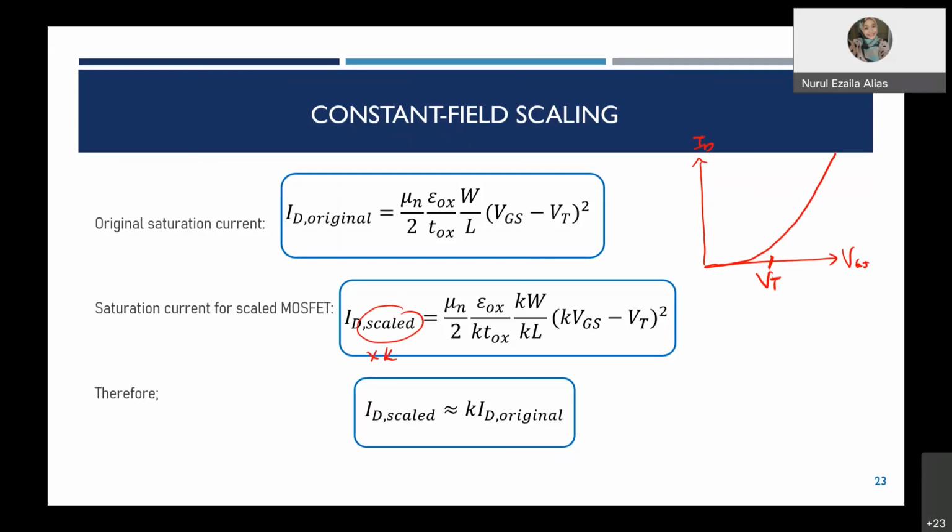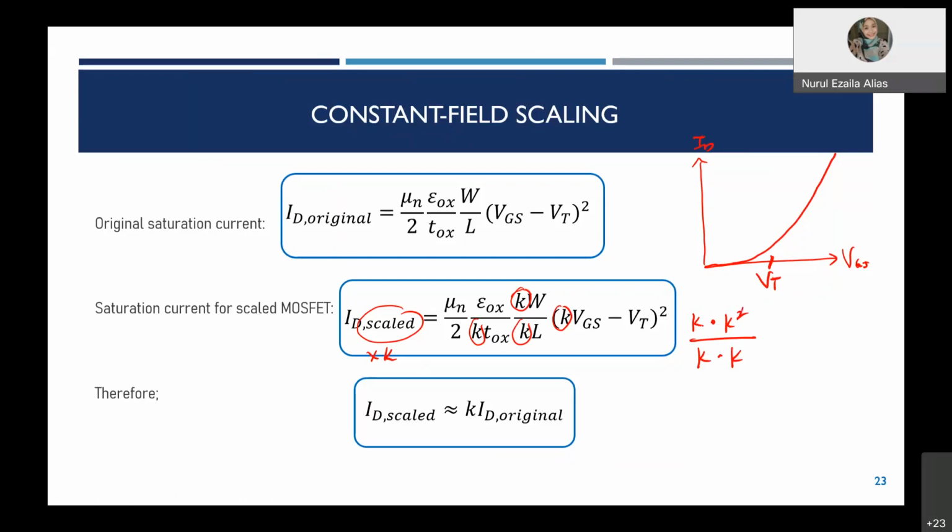All these are multiplied by K, and this multiplied by K, this also multiplied by K. So K for W times this one K is K squared, over K Tox times K L, which is K squared.